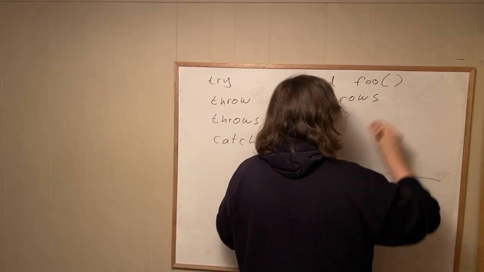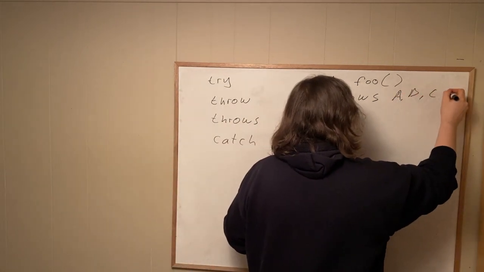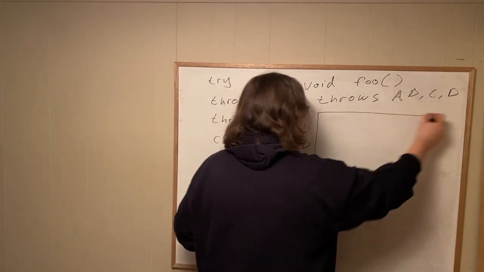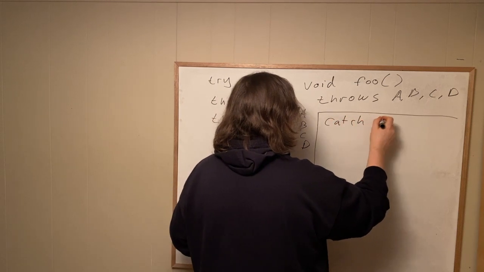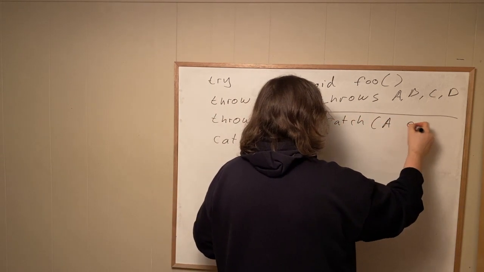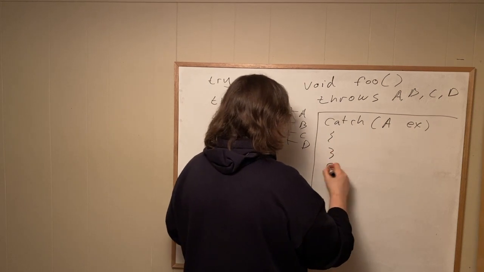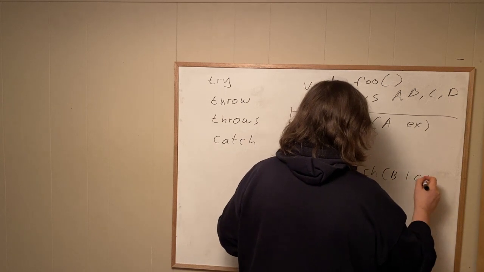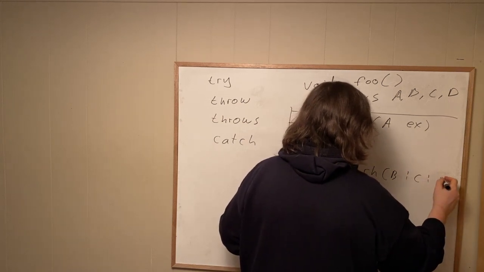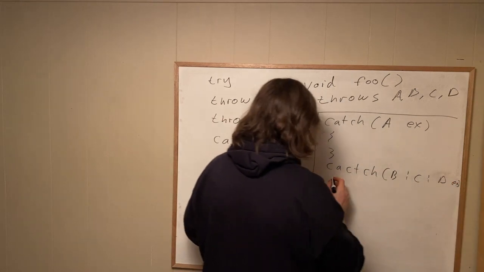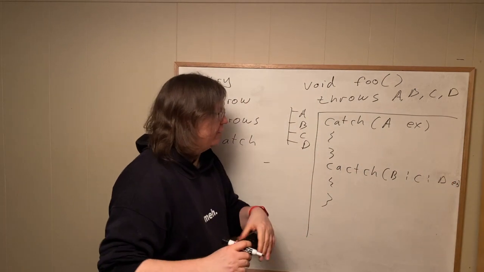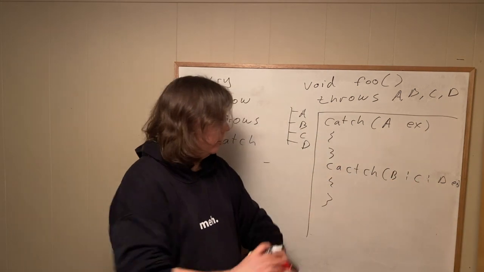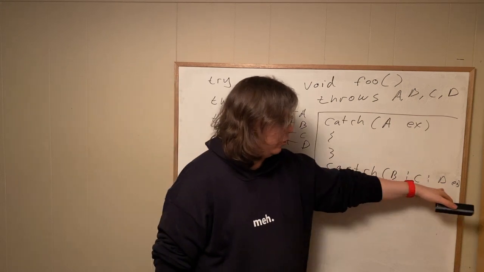So when we're going to say that we throws A, B, C, D, we can write catch A, and then catch B or C or D, where this is the OR symbol. So what we're saying here is when we catch A, deal with it this way. When we catch B, C, or D, deal with it a different way. So if we're always going to handle these the same way, we can just do the OR.